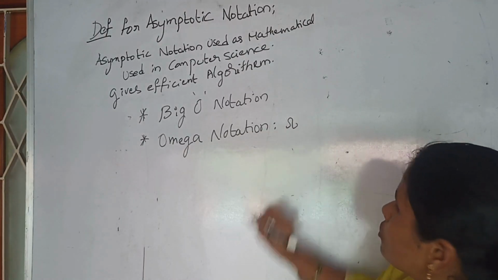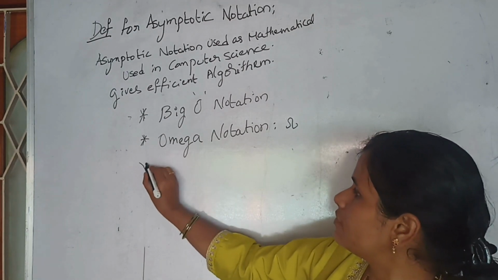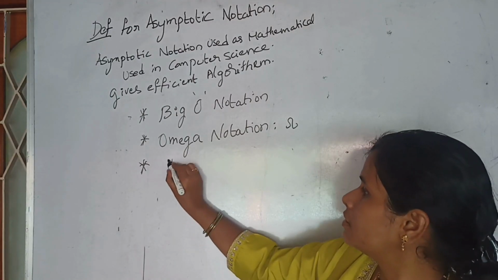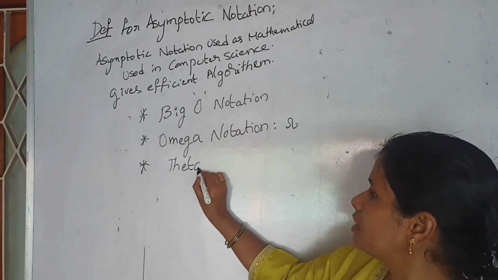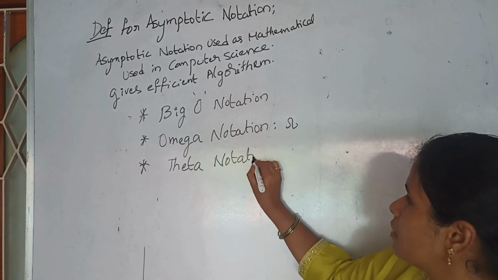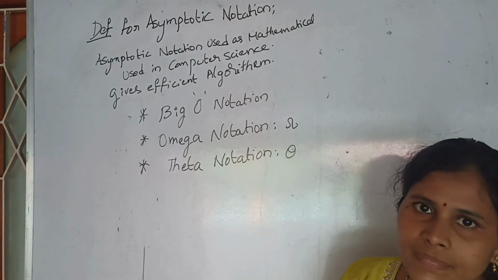Here I am giving you the symbol, that is omega. The third one is theta notation. So this is called theta.